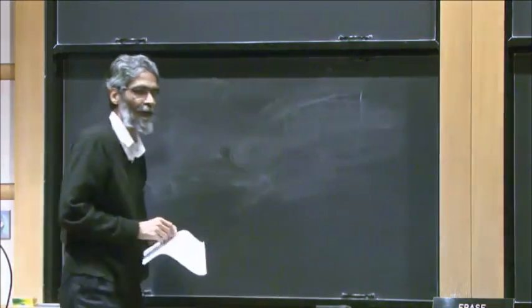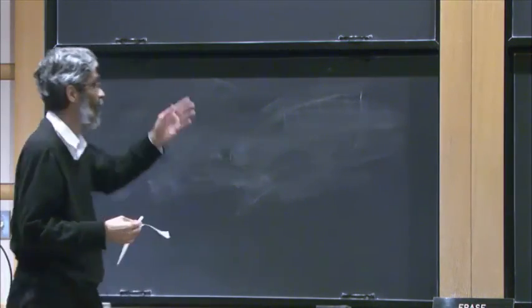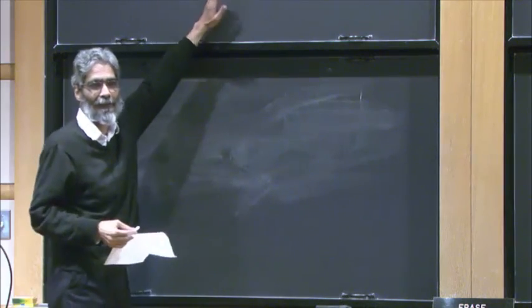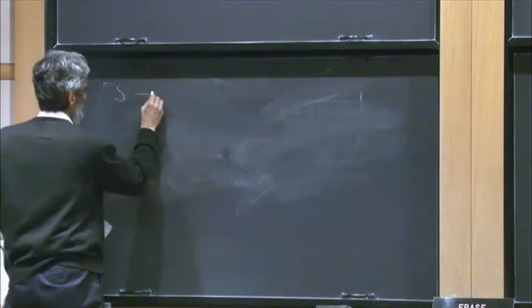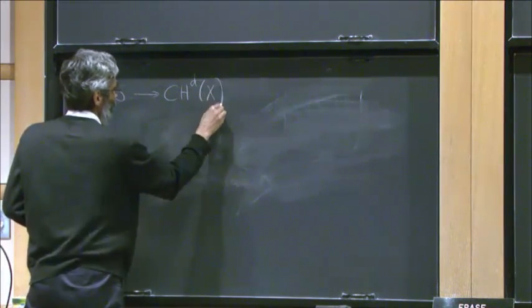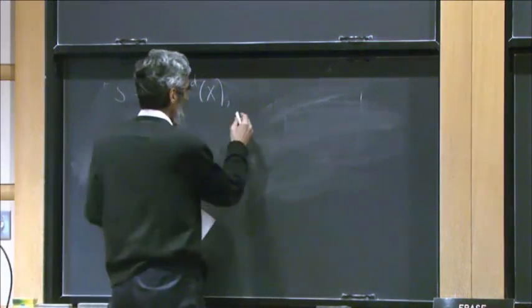So often we are talking about cycles on X parameterized by something. The X's are always assumed to be smooth projective. The parameter spaces may or may not be. So if one uses a phrase like S to Chow d of X, everything is defined, as I said, over the complex numbers.